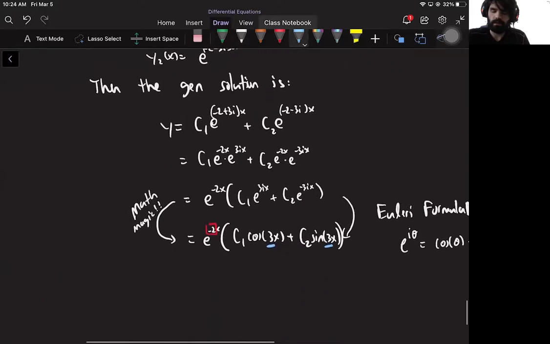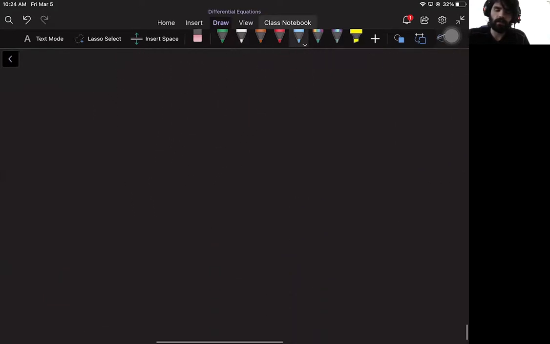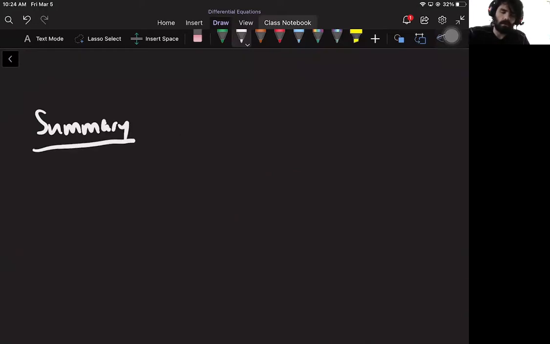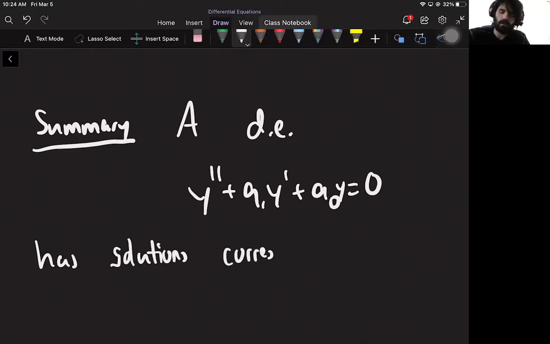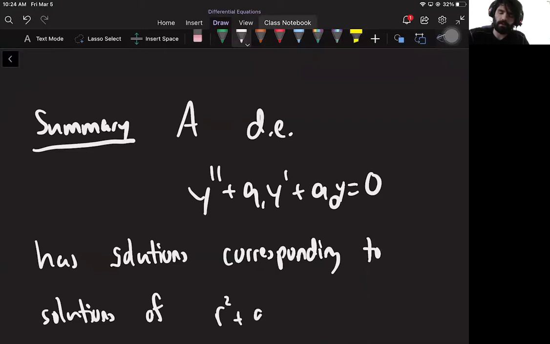Okay, so let's go ahead and summarize the technique for all three cases so that you have something you can always use. A second order differential equation looks like this. It has solutions that correspond to solutions, algebraically, of the characteristic equation.